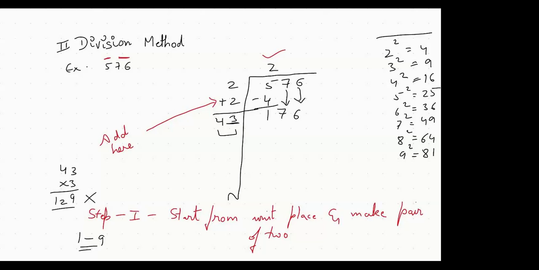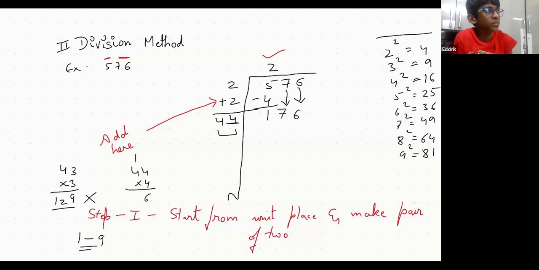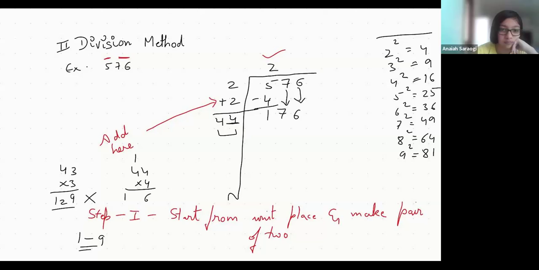Suppose if I put 4 in this place, it becomes 44, so multiply 44 with 4 again. 44 into 4 is 176.